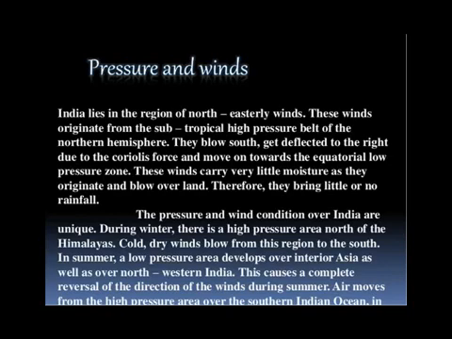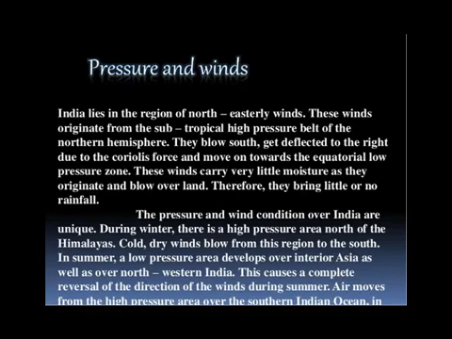Now, pressure and winds. Pressure and winds also affect the climate of any place. In the reference of India mainly, we will describe how the pressure system and surface winds affect the climate of India. India lies in the subtropical pressure belt area, and it is in the nature of winds to blow from high pressure area to low pressure area.